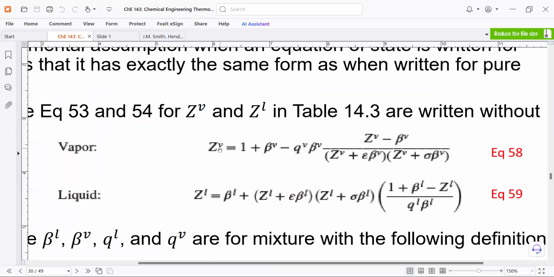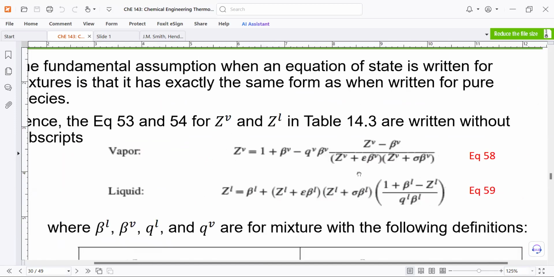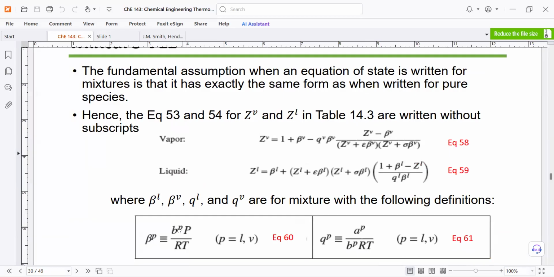It's just that we write them for both vapor and liquid. As you can see, there's a superscript V for vapor and L for liquid. And therefore, for the parameters beta and Q, we have to also write them in terms of liquid and vapor. So here, it's just written that the superscript is P, but it stands for either liquid or vapor. So we have a version wherein we write them for both liquid and vapor.